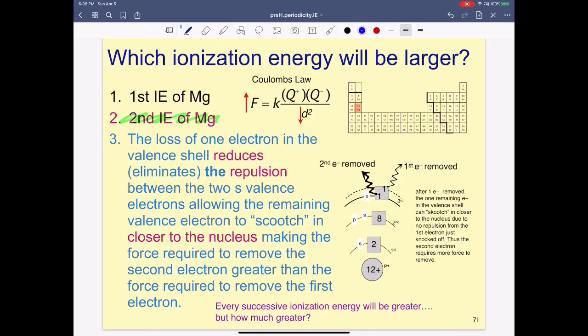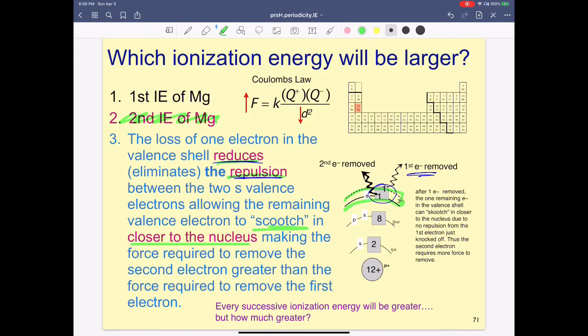First of all, losing one electron reduces the amount of repulsion between valence electrons. Magnesium has two valence electrons. As the first electron is removed, the second electron remaining will be closer to the nucleus because of the reduction of repulsion, which allows the remaining electron to scooch, that's a highly technical term, a little bit closer to the nucleus.